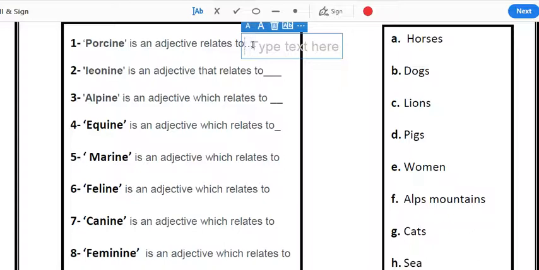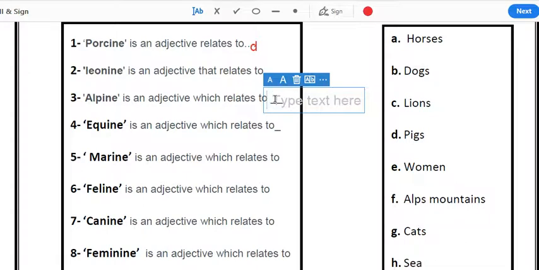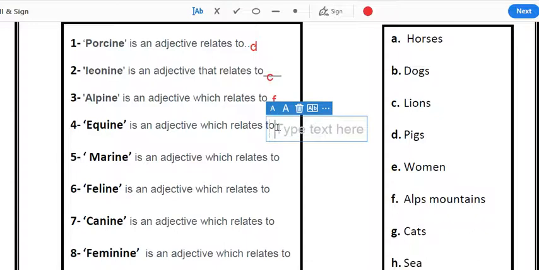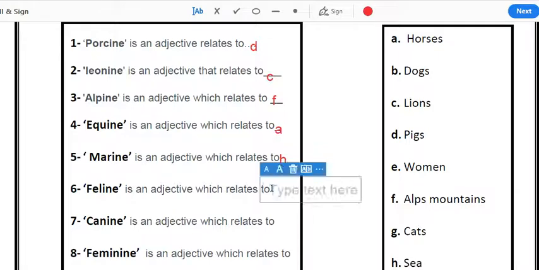Okay, the first one is porcine, and porcine is related to pigs, D. Leonine is related to lions, C. Alpine, Alps mountain, that's right, F. Equine, we have just said it in the previous exercise, is related to horses, so it's A. Marine, I just said it a minute ago, marine is related to sea, H. Feline, this is the new thing, if you remember, feline relates to cats, so it will be number 6, G, cats.